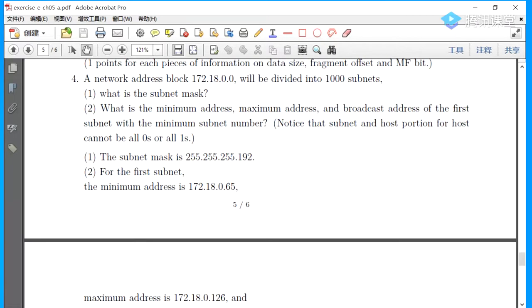We know subnetting is based on classed addresses. So we should use the 172 to determine which class this network address is.